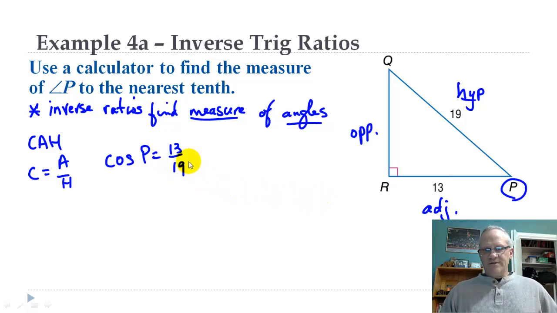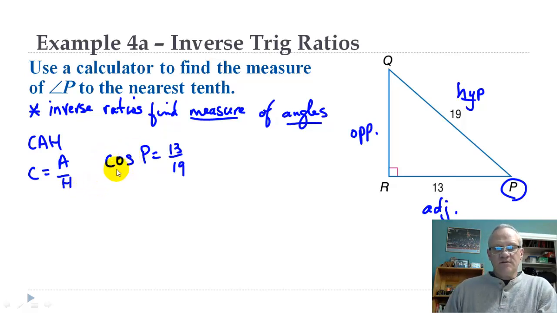Okay, well, that's all great and fine, but we're trying to find out what the measure of angle P is. So if we take the inverse cosine of that, it'll give us this. This is kind of what that last slide was trying to say: if you know the cosine of something is this, then the inverse would be P. The way I like to think about it is, you know how we've talked about the opposite of multiplying is dividing, the opposite of adding is subtracting, the opposite of taking a square root is squaring it.